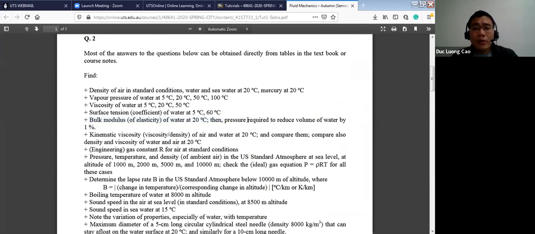Then the pressure required to reduce the volume of water by 1%. You have to find the pressure required to reduce the volume of water by 1%.